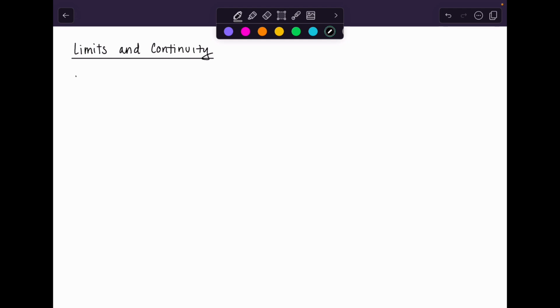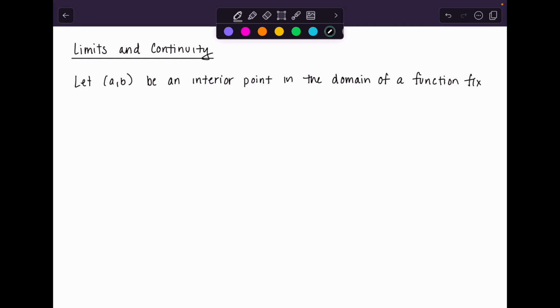So we're going to let the point (a, b) be an interior point in the domain of a function f(x, y).